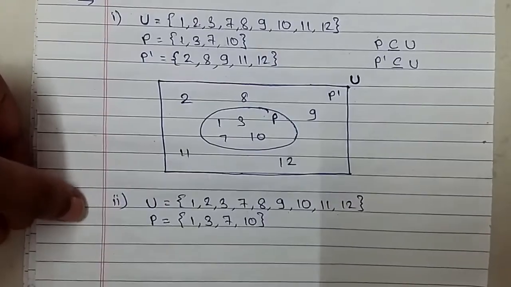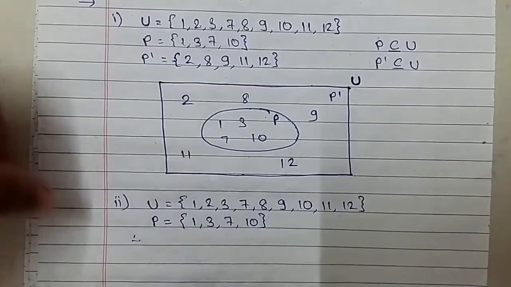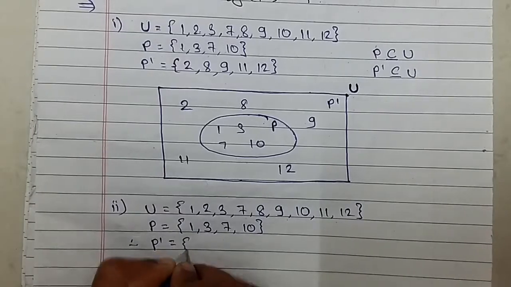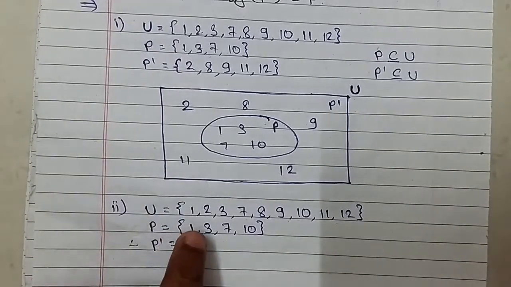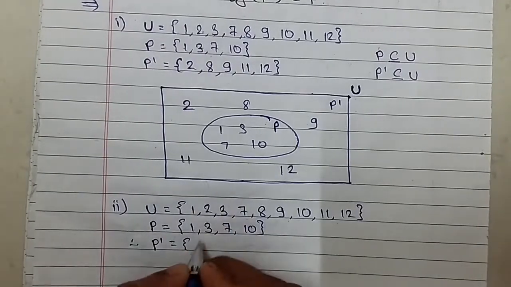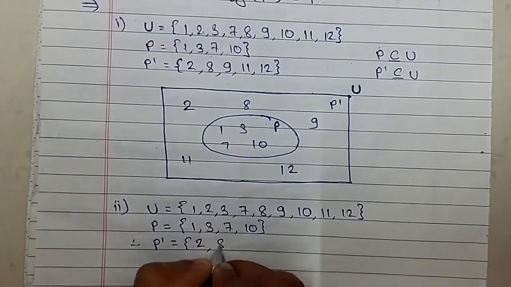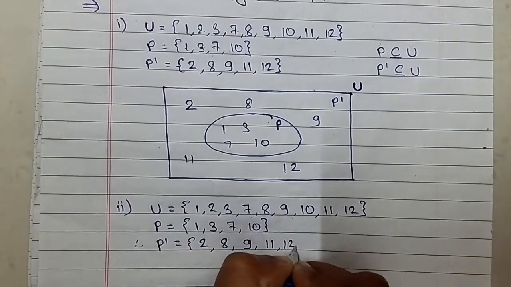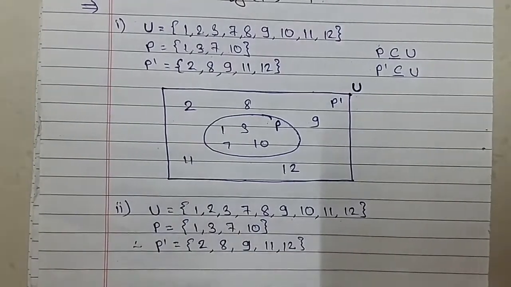Then calculate P dash. P dash is equal to those elements which are not in the P set. So write down those elements: 2, 8, 9, 11 and 12.